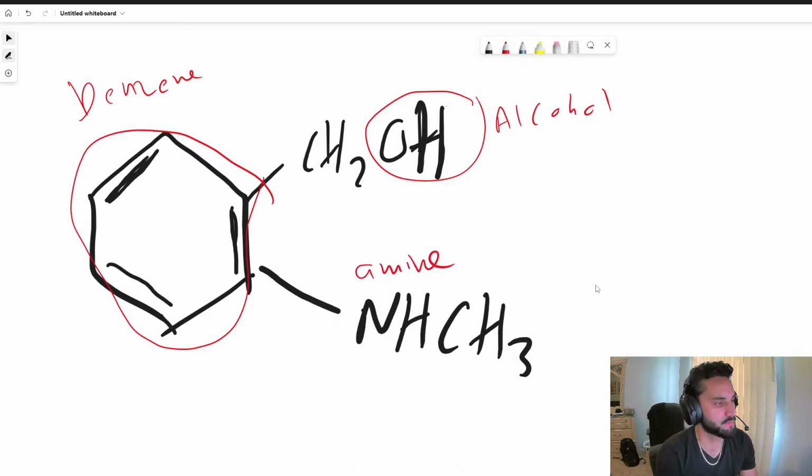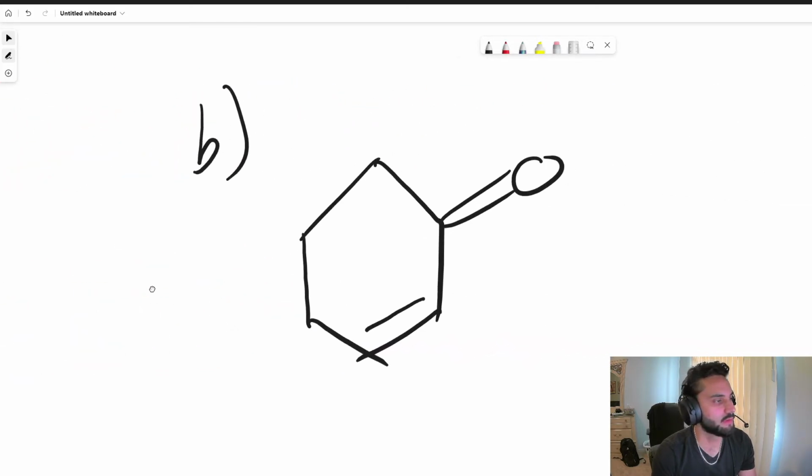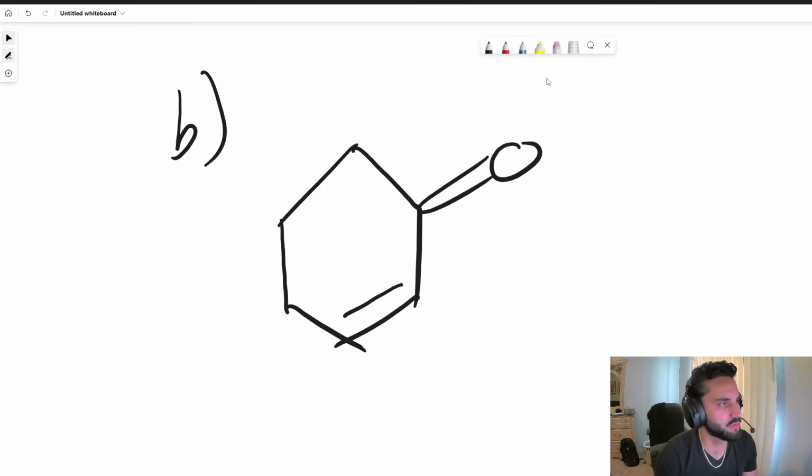All right, let's move on to the next one. Here again, you can see we have this ring, but this ring is actually not a benzene ring. It's not aromatic.